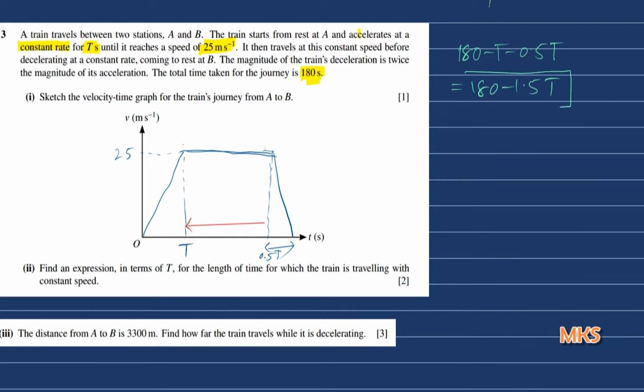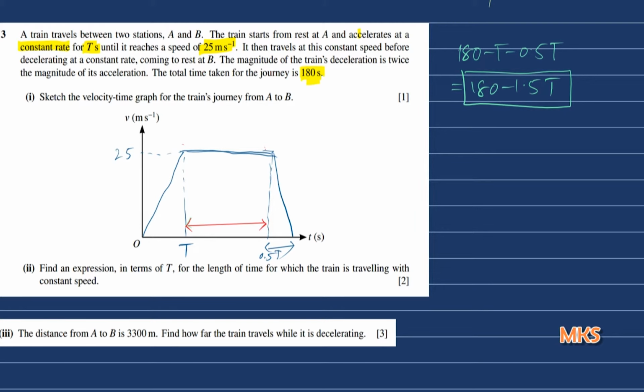So that is the expression for the length of time for which the train is traveling with the constant speed. Here in the diagram is this duration.